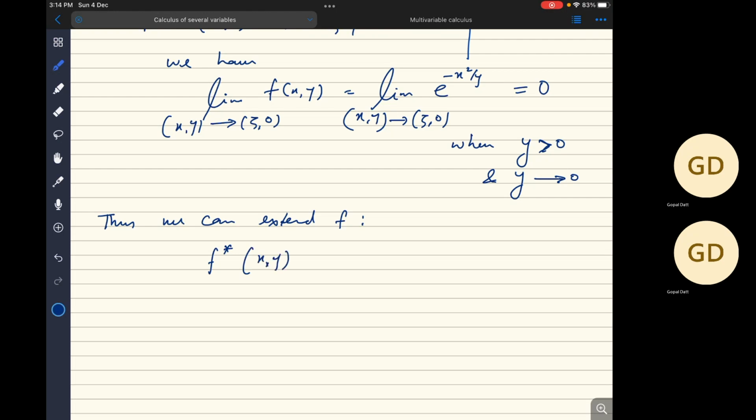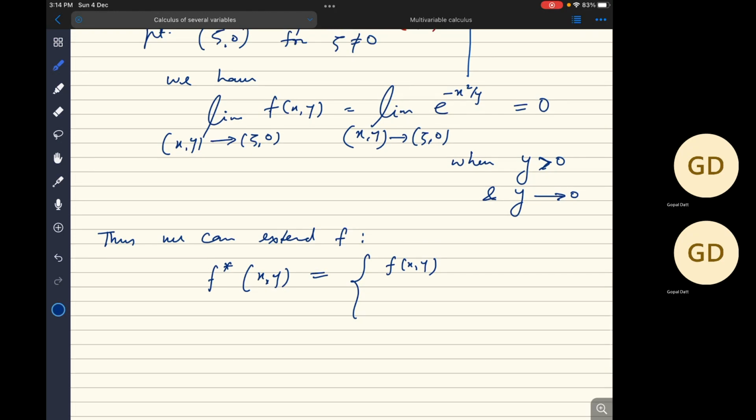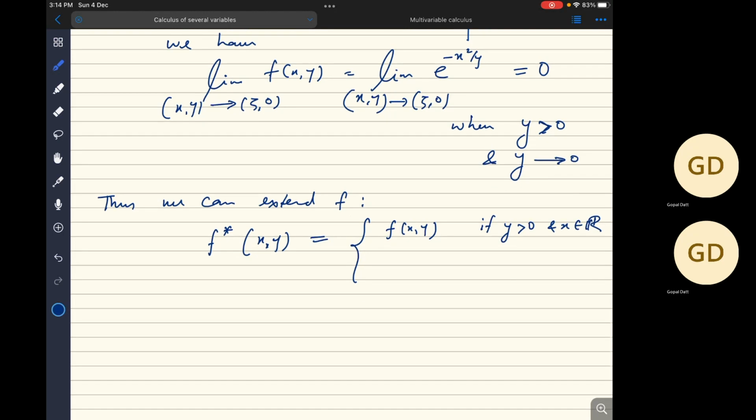Okay, f star, which will be the same as f when xy is coming from A. This means if y is positive and x in R. So this was A, and this will be 0 if y is 0 and x non-zero.